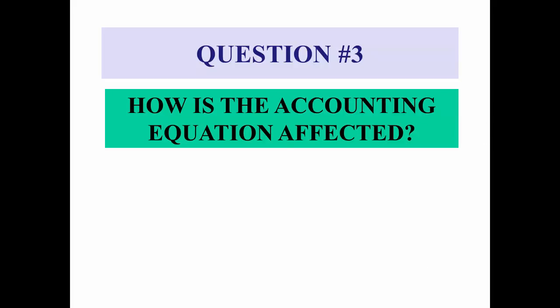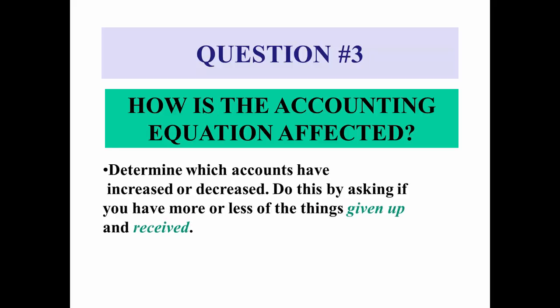Question number 3. How is the accounting equation affected? We have 2 parts to this question. The first part is to determine which accounts have increased and which accounts have decreased. Go back up to the first question and look at the thing we're giving up and ask, do we have more or less of this?